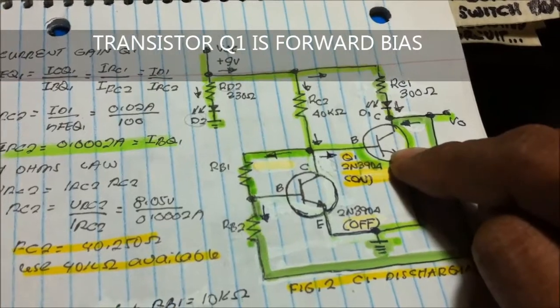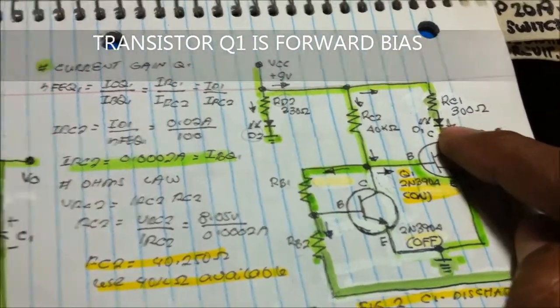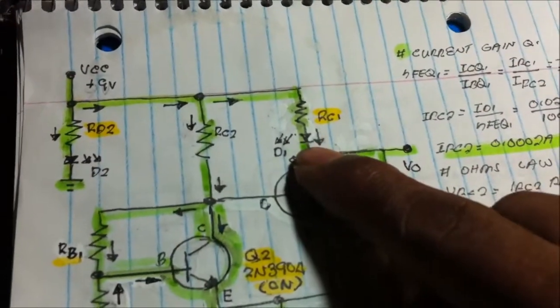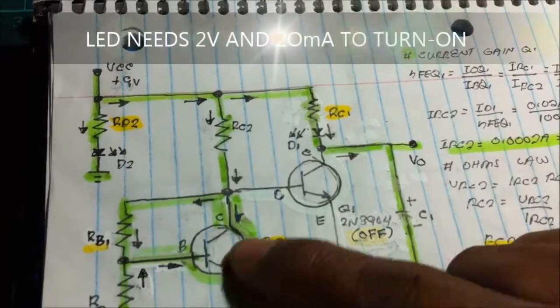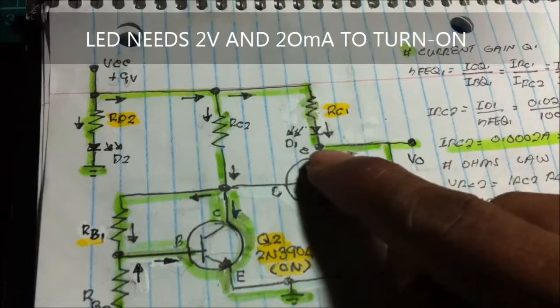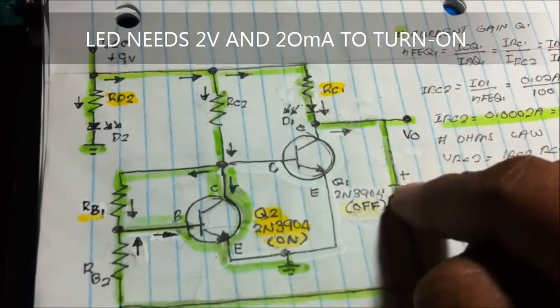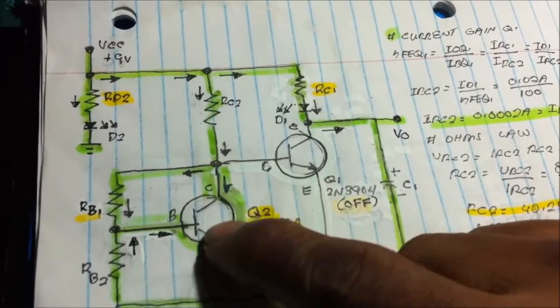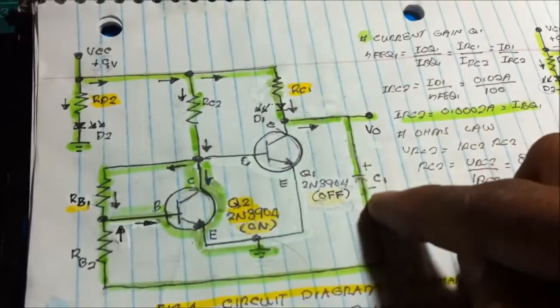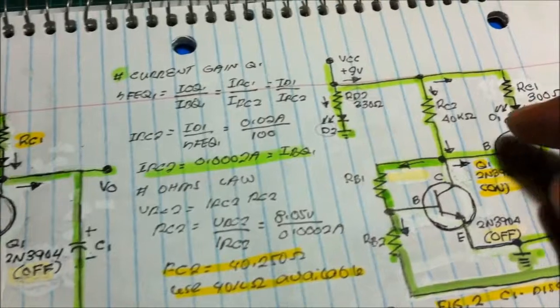So this is on. LED turns on. Why is it that the LED did not turn on here? Because there's not enough current to turn on this LED. It passes to the capacitor and to the transistor due to the charging of the capacitor.